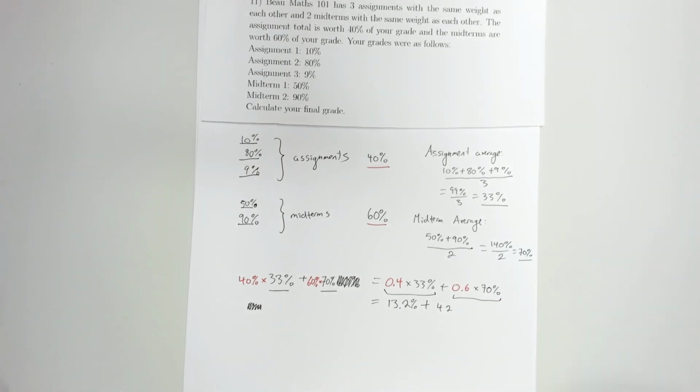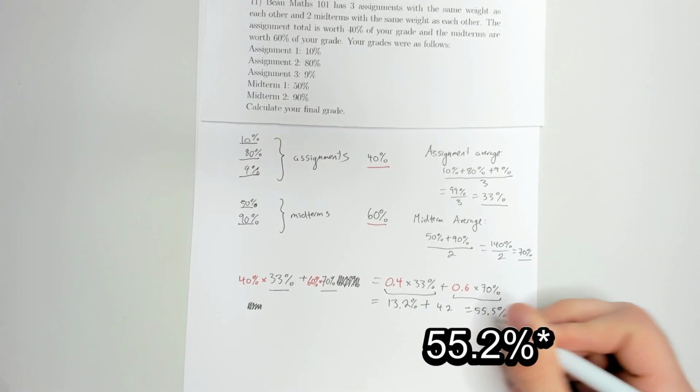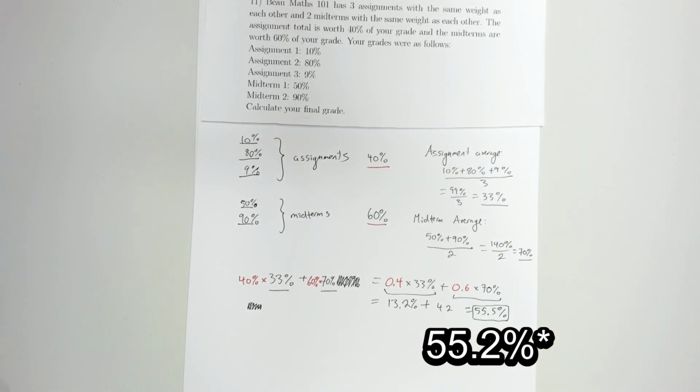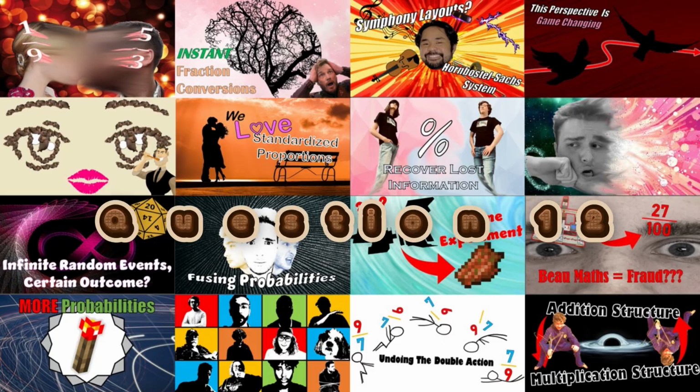When I add these up, I'm going to get 55.5%. So that means the total grade for the class, when I consider all of the weights of everything, was 55.5%. So you just barely scraped by, you barely passed the course. Maybe you should take it again. But in any case, where we talk about averages and weighted averages in depth is going to be episode 45 of the series.